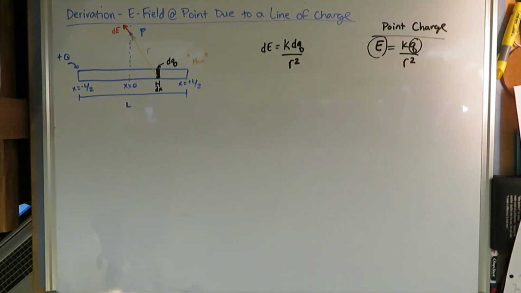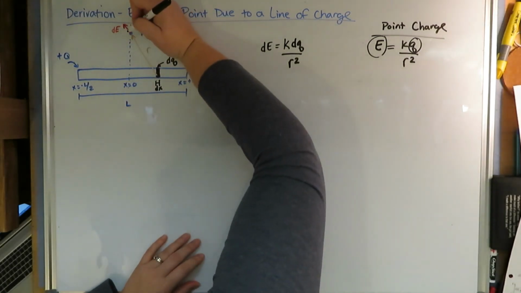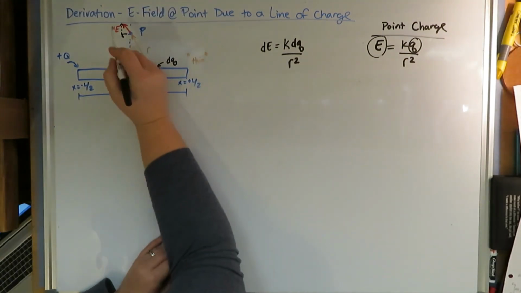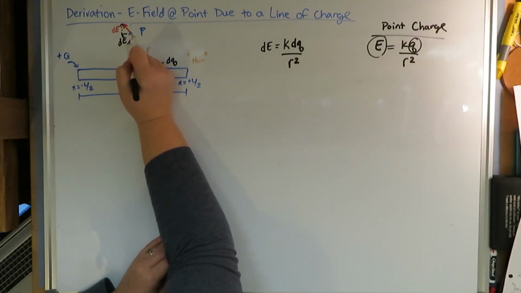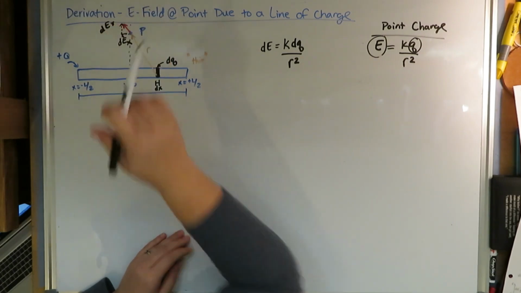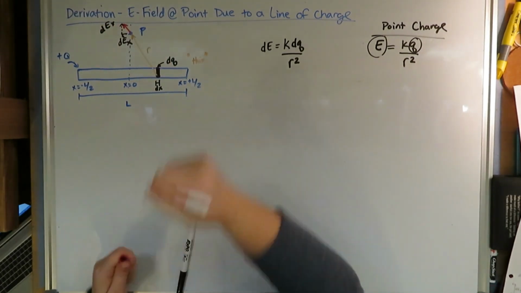Now, that's the magnitude. The problem here in this case is that the electric field is a vector. And I actually have two components to this vector. I have an x component and I have a y component. So I'm going to have a dEx and I'm going to have a dEy. I'm going to move this dE over here so it's not in my way.